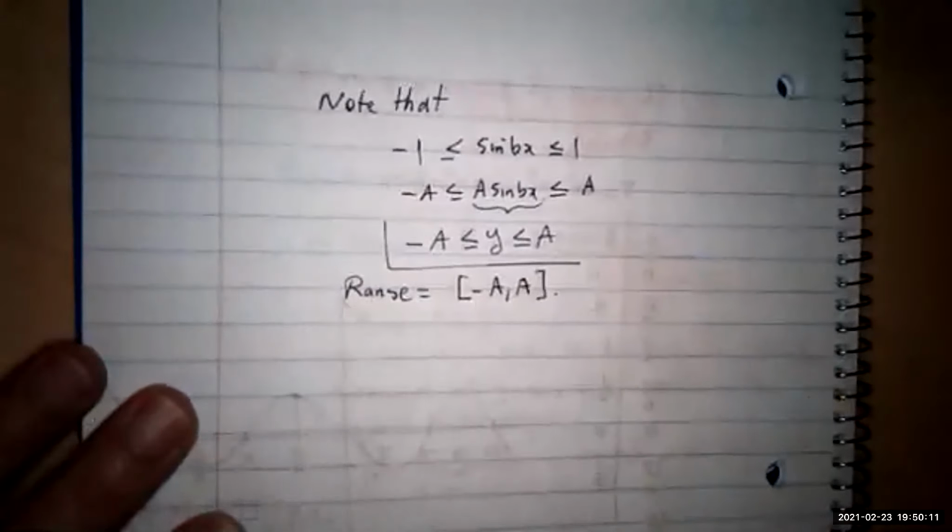It's clear: sine is between -1 and 1, so in this case you get negative a and a. It's not a big deal.